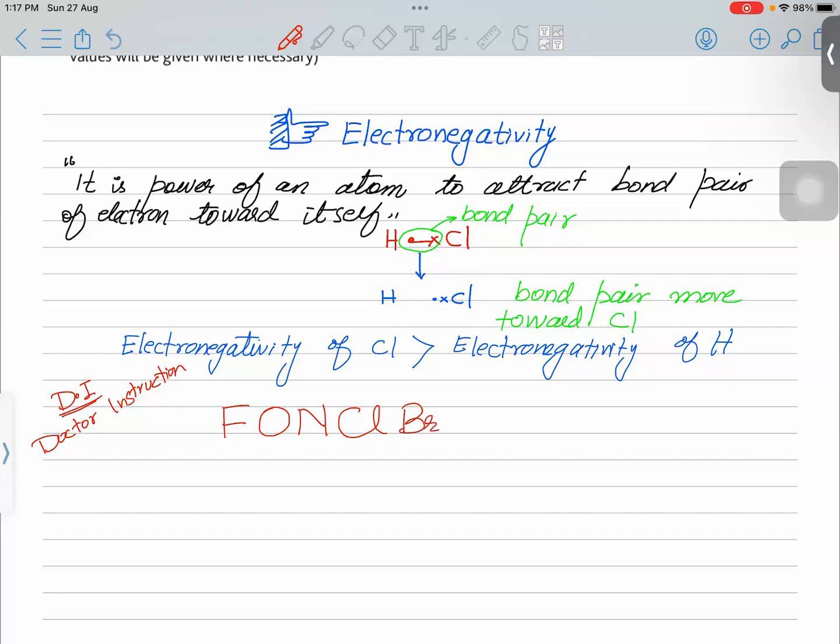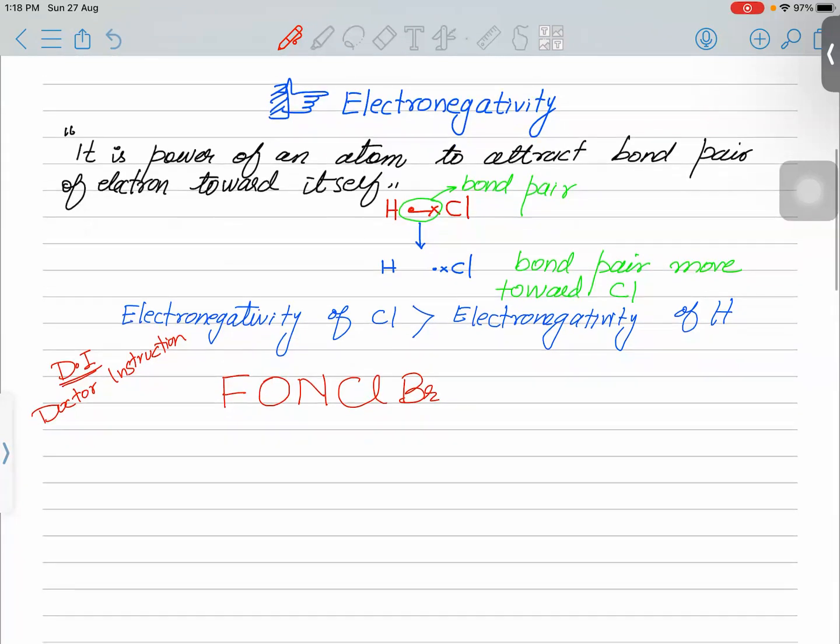These 5 elements have the highest electronegativity. So the electronegativity of fluorine is greater than oxygen. Similarly, the electronegativity of nitrogen is greater than bromine. But these are the top 5 elements having the highest electronegativity.